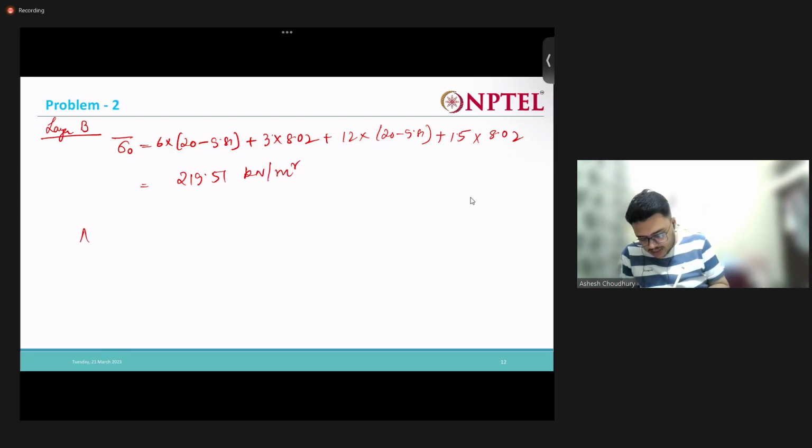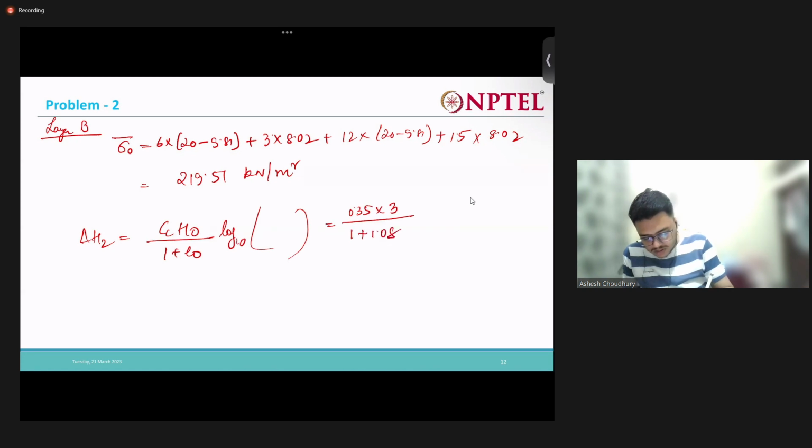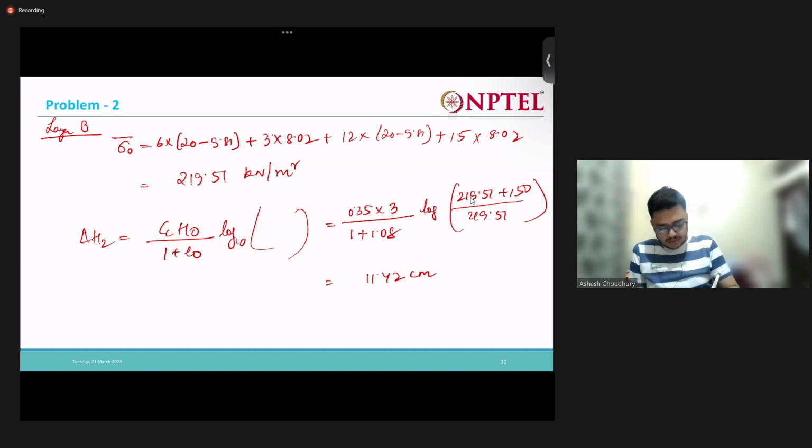In the same way we will be calculating the settlement, just not writing it again and again. So 0.35 into 3 by 1 plus 1.08 log of (219.51 plus 150) by 219.51. If we do this, the answer will come out as 11.42 centimeters.